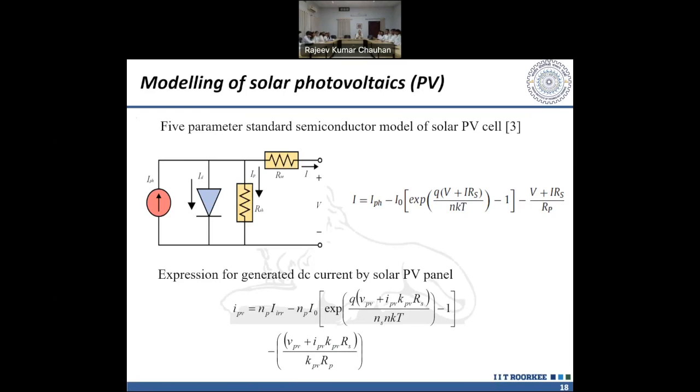Here I will get the voltage. Whenever light falls, the photons will generate a voltage V, which can be expressed by this equation. I'm not reading the equation or giving any derivation; this is very simple and standard.